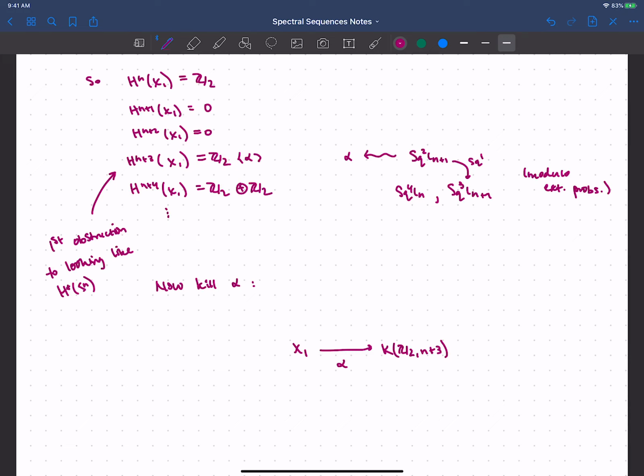So there's a map that witnesses that. And there's a loop path fibration over here. Now the fiber will look like K(Z/2, n+2). And I can take the pullback, and that's what I'll call X2. And now it has the same fiber, so we get another fibration with the same fiber.